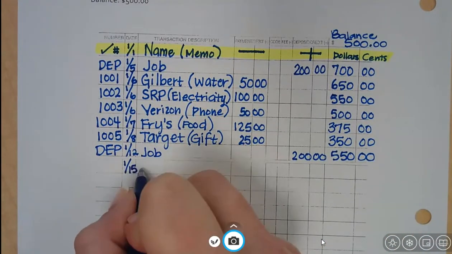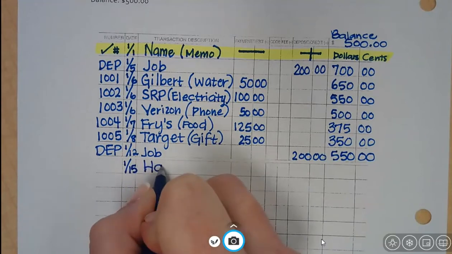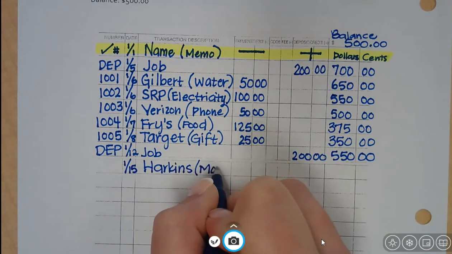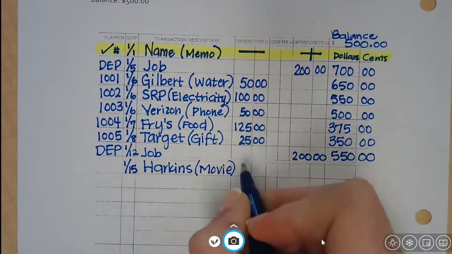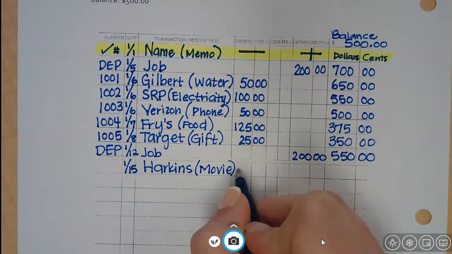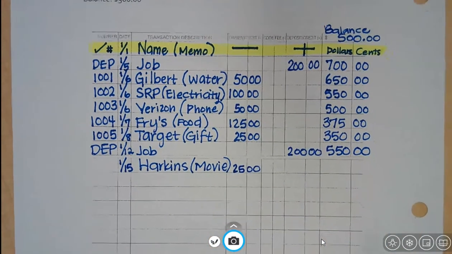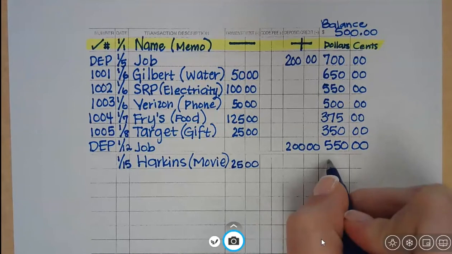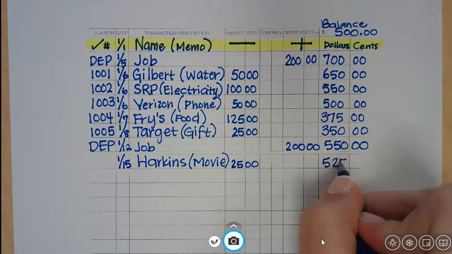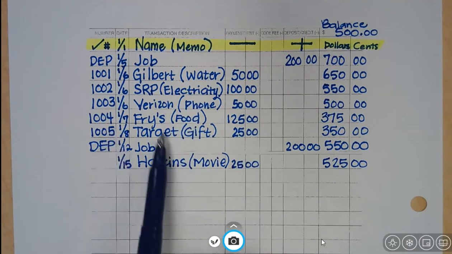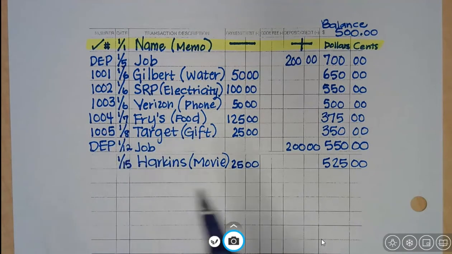So on January 15, I pay Harkins Theaters for a movie and some popcorn. And looking back, I probably should have made the decision to eat at home and not buy popcorn as well. But I made an unwise choice because I still haven't paid for my rent or my mortgage, my house to live in.